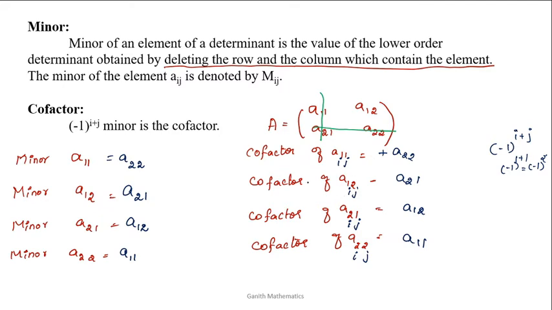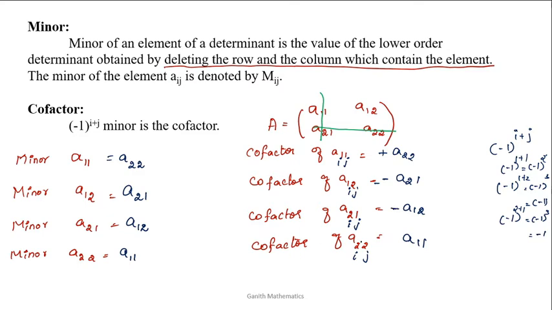And for the next one, the cofactor of A12, it is minus 1 to the power 1 plus 2, so minus 1 to the power 3. It is an odd number, so you will get minus 1. So the cofactor of A12 must be minus A21. And for the cofactor of A21, it is again minus 1 to the power 2 plus 1, that is minus 1 to the power 3, again negative.